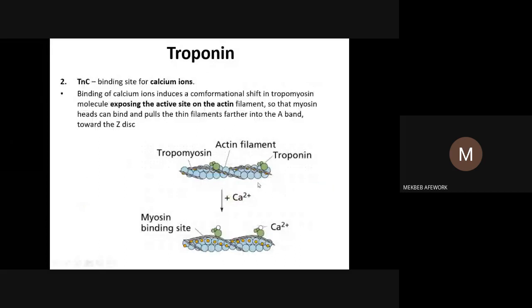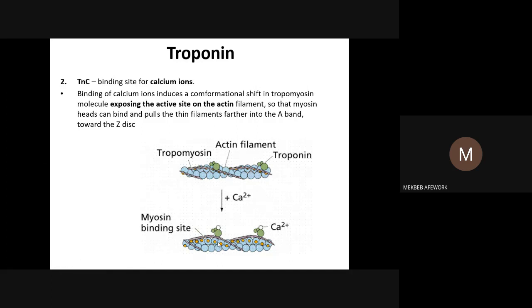Then we have a second subunit, which is binding calcium ions. When calcium ions come, which is needed for muscle contraction, and bind to the second subunit of troponin, the active site, which was covered by tropomyosin over the actin, would be uncovered.